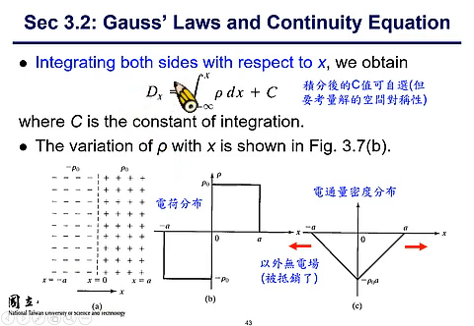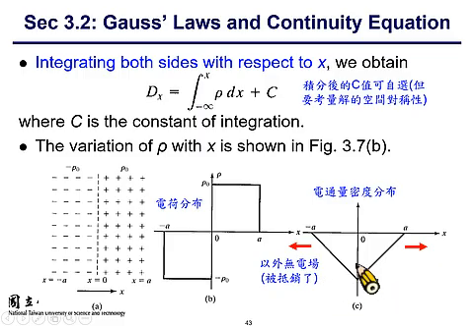If x is greater than minus a, you will account for negative charge only, which will give you a negative number for Dx. As you approach the center of the wall, x equal to 0, the Dx value becomes more negative and eventually reaches minus rho sub 0 times a.